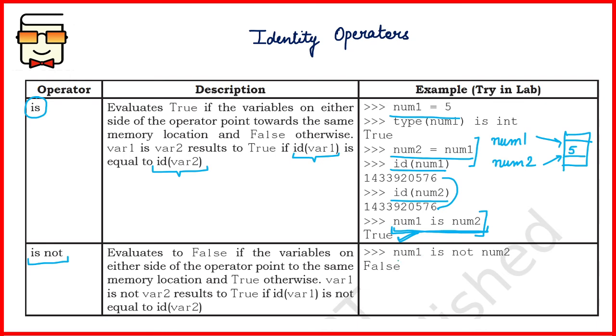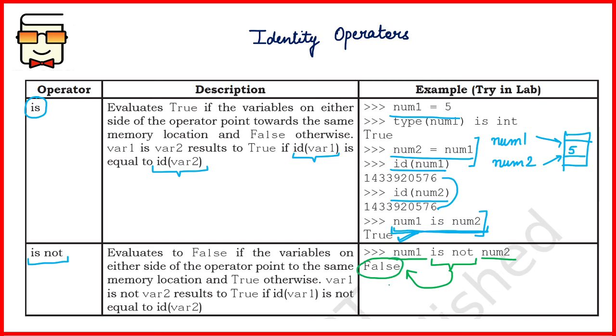Here num1 and num2 are pointing to the same value, so when we evaluate the is not operator on it, the answer would be false.